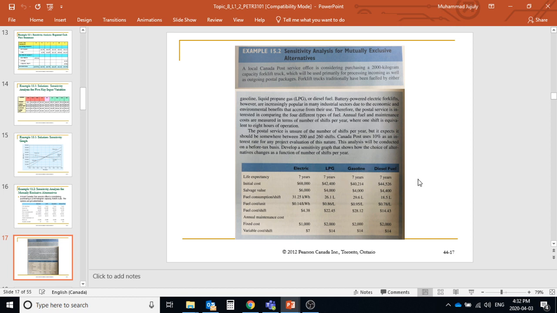Each year we have somewhere between 200 and 260 shifts, and Canada Post uses 10% as its interest rate for any project evaluation of this nature. So you have to develop a sensitivity graph that shows how the choice of alternatives changes as a function of the number of shifts per year.